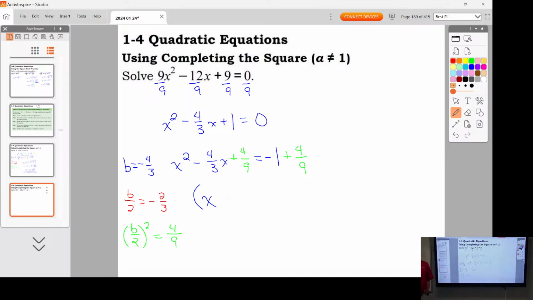And then what do I write down? Half of b, which is -2/3, squared equals -1 plus 4/9, -5/9.